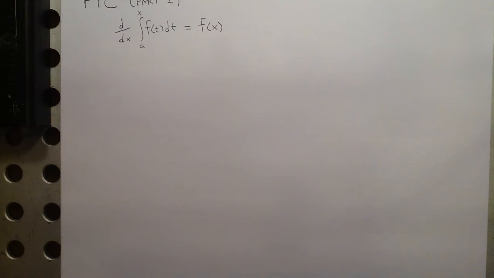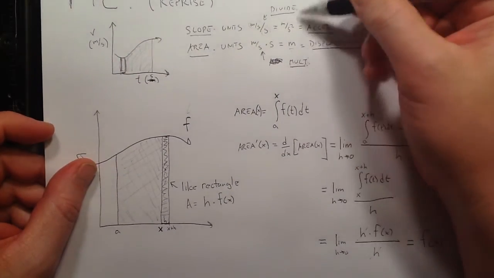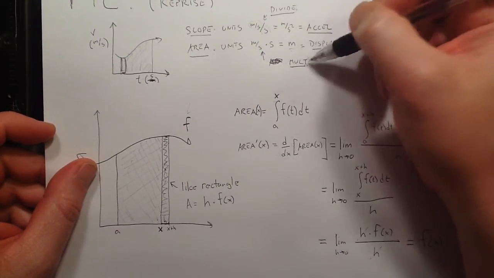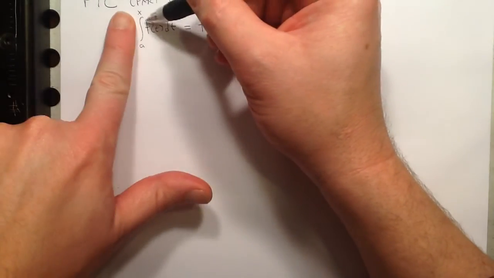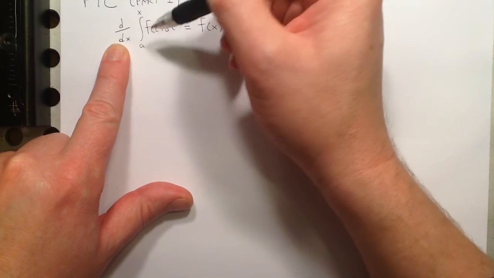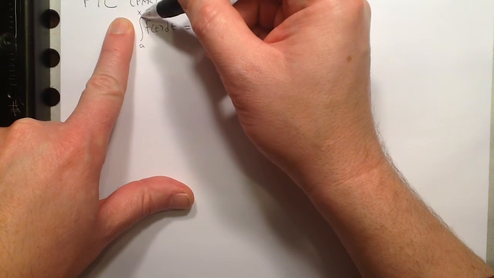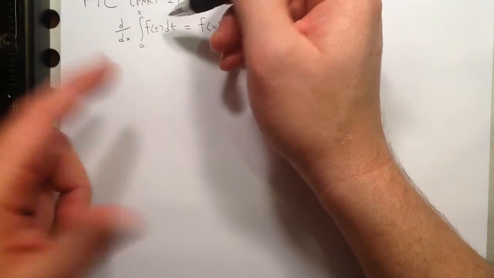And I want you to try to understand this in the sense that dividing and multiplying are inverse operations, right? So what happens if you have an area function and then you take the derivative of it? Well, that's like multiplying and then immediately dividing. You get back to where you started.